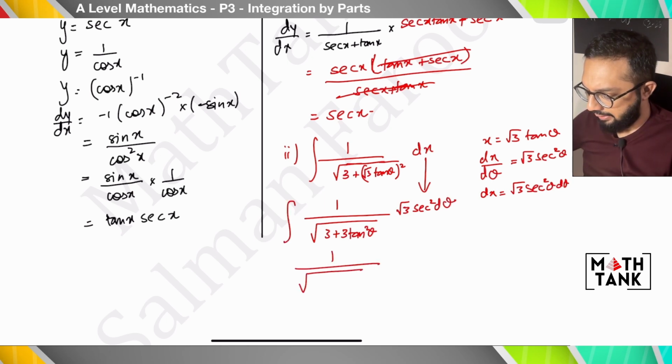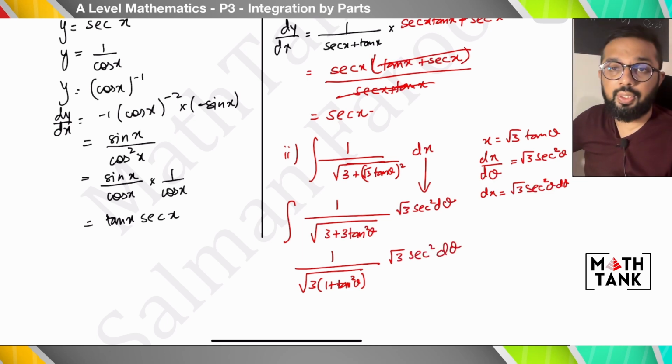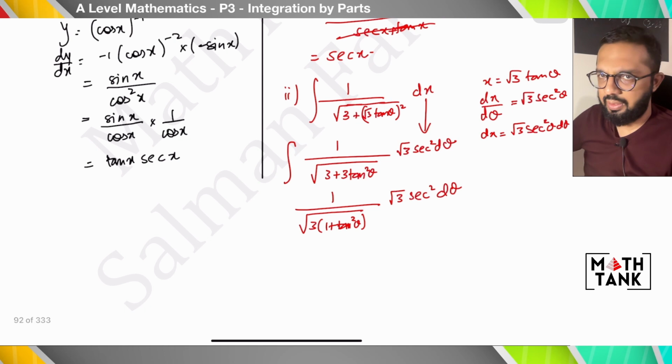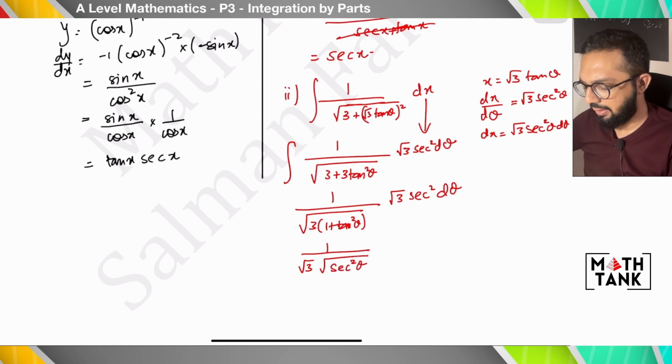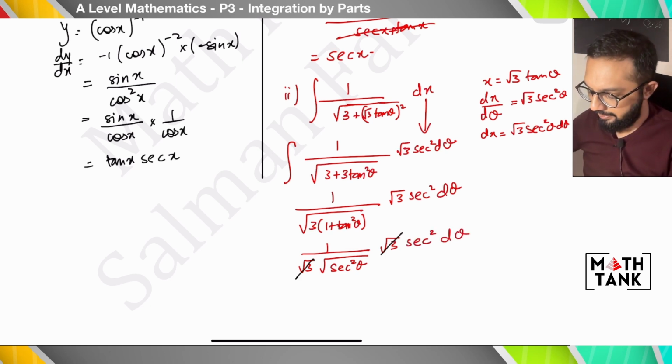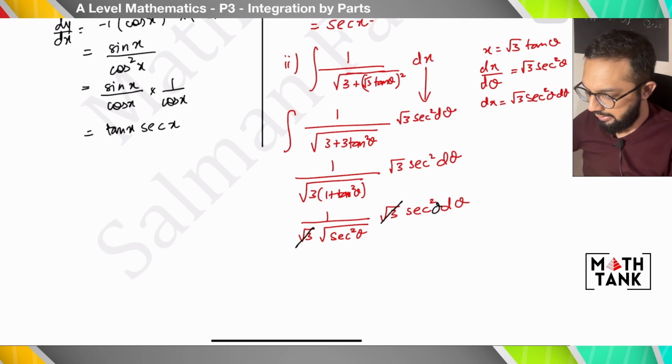Okay, then I can factor out a 3 and say that 1 plus tan square theta is basically sec square theta. So I sort of see the solution emerging. I also see root 3 can sort of cancel out, so I don't need to be really worried about that. So the root cancels out, and I have 1 over sec theta.